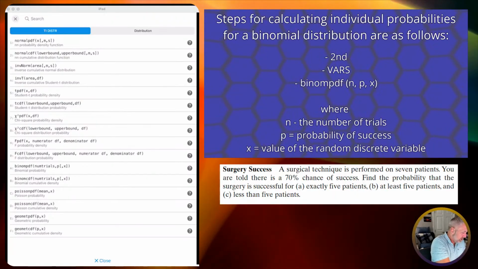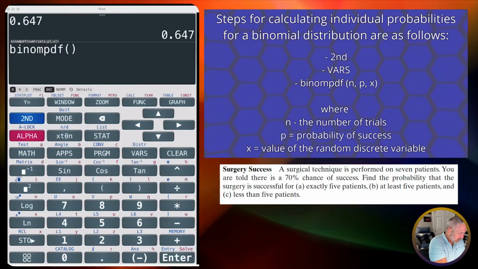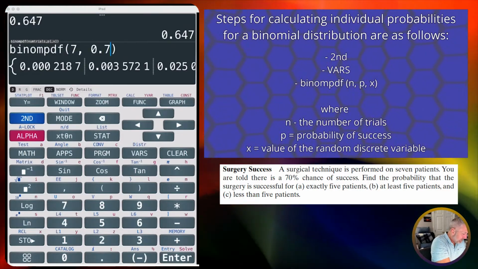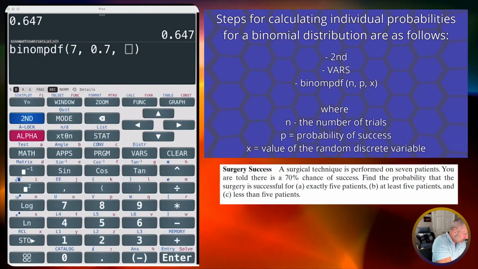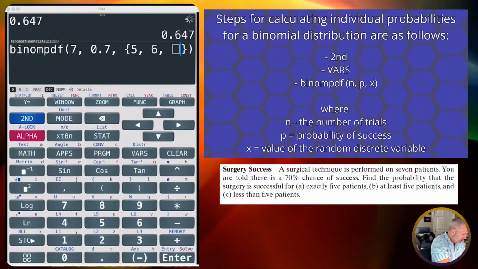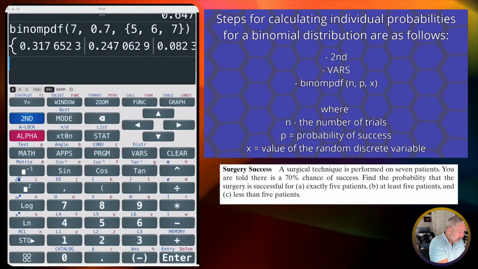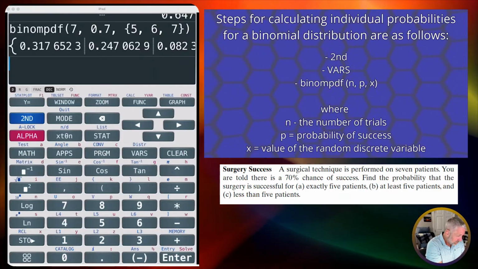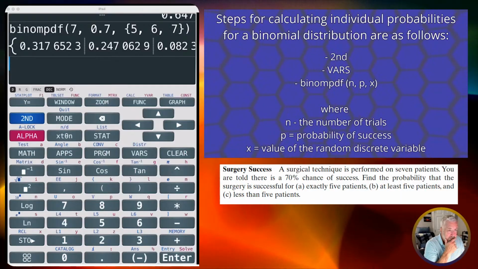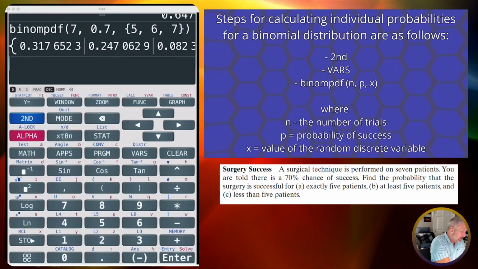Second vars, binomial PDF, and I'm going to go 7, 0.7, and then comma, second parentheses, and I'm going to put 5, 6, 7. Enter. There are 3 that I need. That was 0.318, 0.247, and 0.082. Same as I got individually, by the way. No problem there.